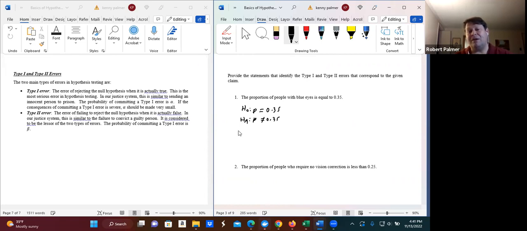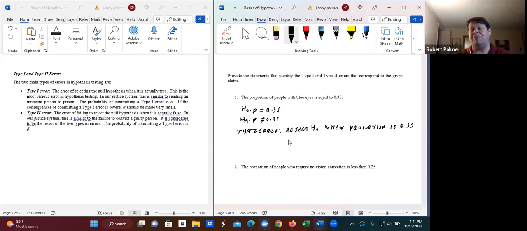Okay. So then a type 1 error for this situation would be to reject H0 when the proportion is 0.35. Basically, to reject the null hypothesis when it actually is true.